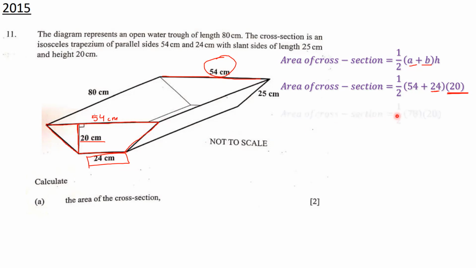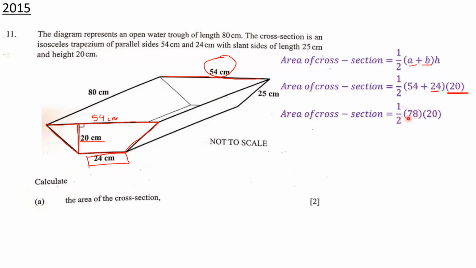Okay, now let's add it. 54 plus 24 is 78. And so we have a half times 78 times 20.